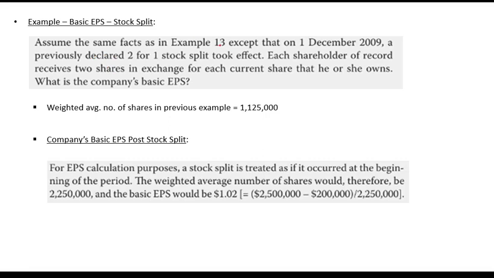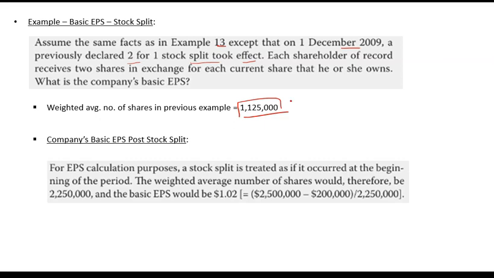Assume the same facts as in example 13 that we just did, except that on 1st December 2009, a previously declared 2-for-1 stock split took effect. Whenever we are making adjustment for stock split, we assume that this stock split had been there throughout the year. So our weighted average number of shares was 1.125 million.